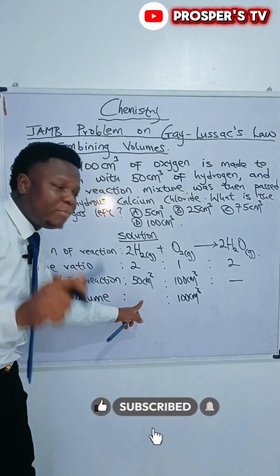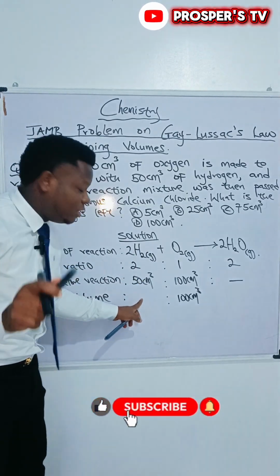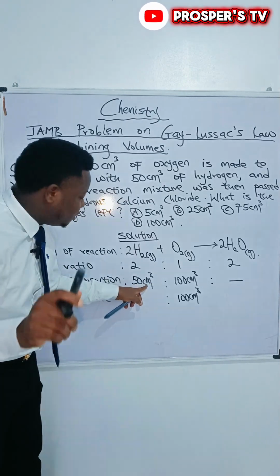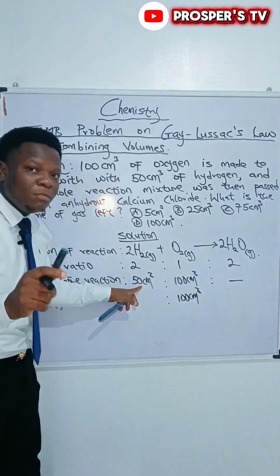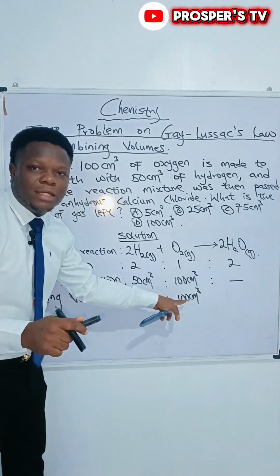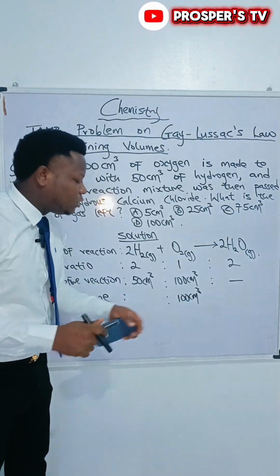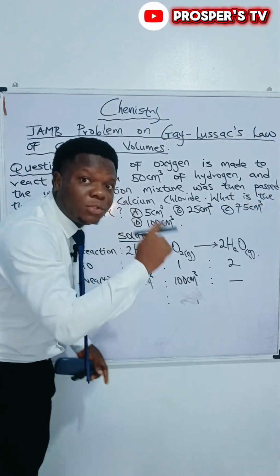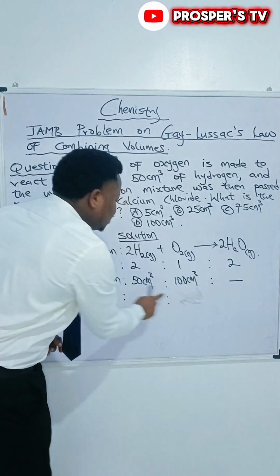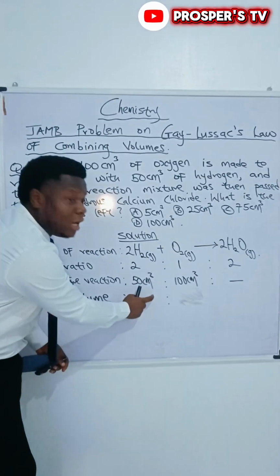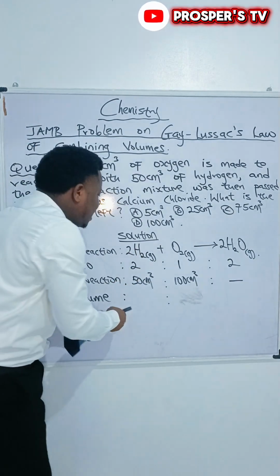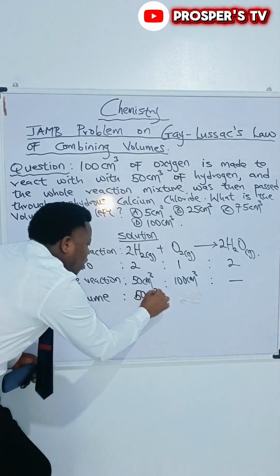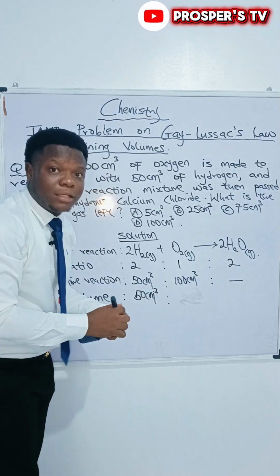So here it would be 200 cm³. But we don't have up to 200 cm³ before the reaction, so this possibility can't occur. The whole 100 cm³ of oxygen cannot react, because we would need 200 cm³ of hydrogen. So rather, we're going to have 50 cm³ of hydrogen reacting.